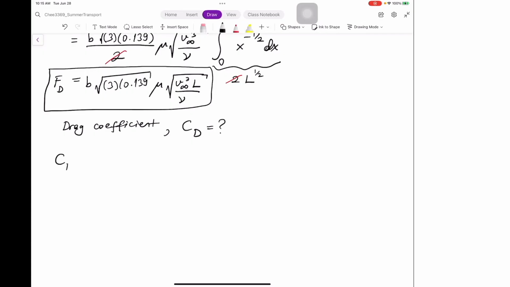That's similar to the skin friction coefficient, but instead of the tau, you have the drag force in the numerator, drag force divided by 1/2 rho V infinity squared, but this time we do not normalize only with the kinetic energy density, but we multiply with B and L, the total area of the plate.